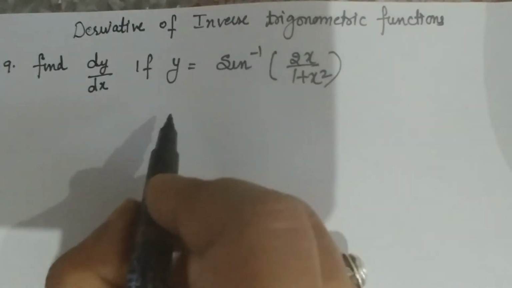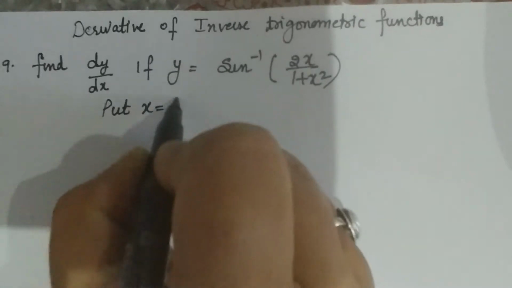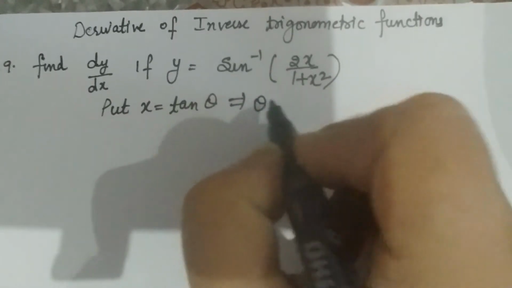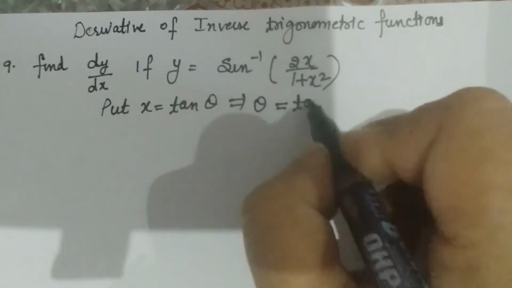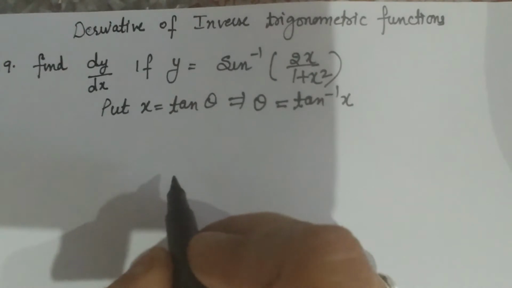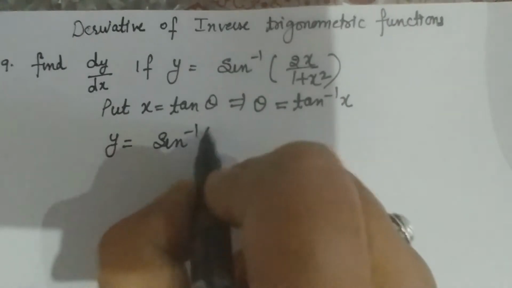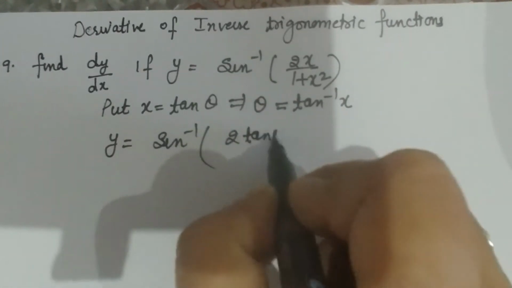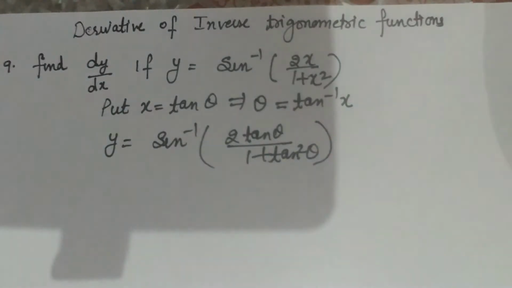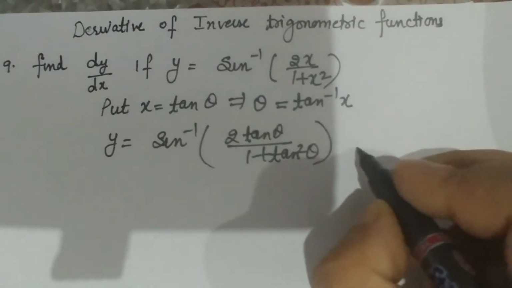So I put x is equal to tan theta, which implies theta is equal to tan inverse x. Now y becomes sine inverse of 2 tan theta upon 1 plus tan square theta, and this is the formula for sine 2 theta.